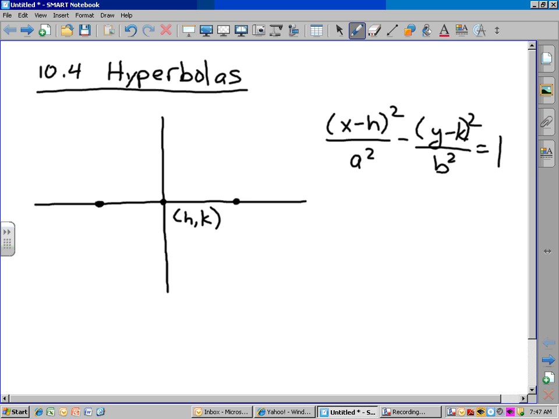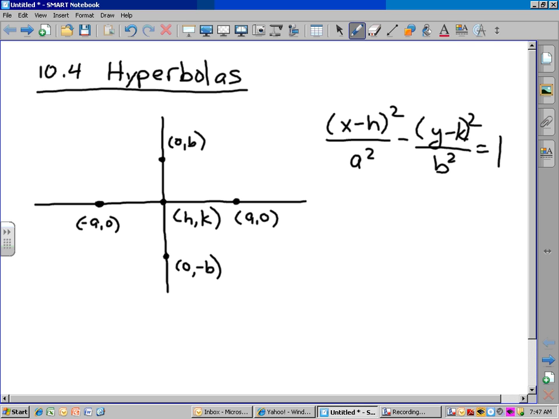All right, so where is this going to occur? This is going to occur at (a, 0) and (negative a, 0). That's your vertices. Now, where does b come into play? Well, b is going to be up here somewhere. It could be bigger or smaller than a. That doesn't matter anymore. You don't have a major axis or a minor axis. (0, b), (0, negative b).